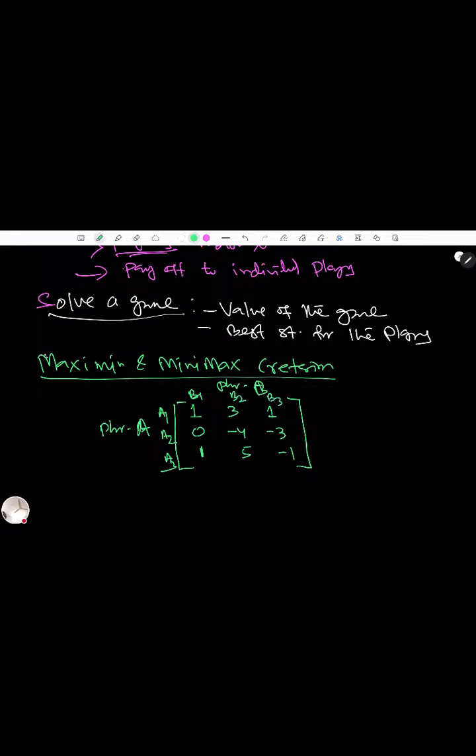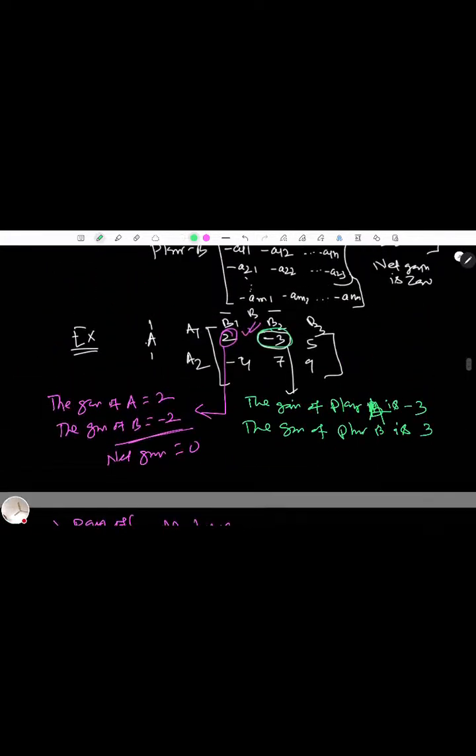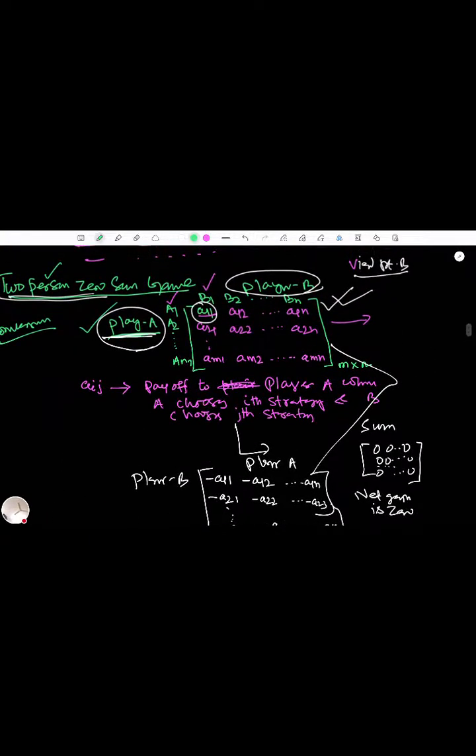Now, what is the viewpoint of A? The viewpoint of A, the player written on the left, is to maximize the profit. While A maximizes the profit, B is not going to sit idle.